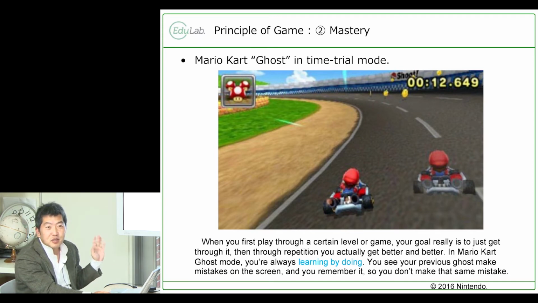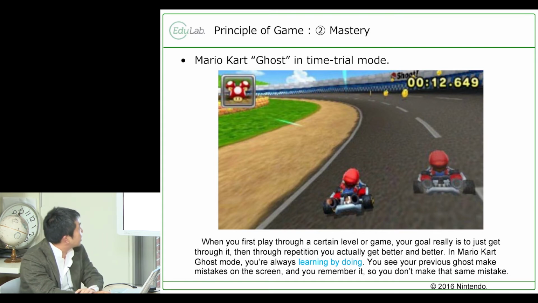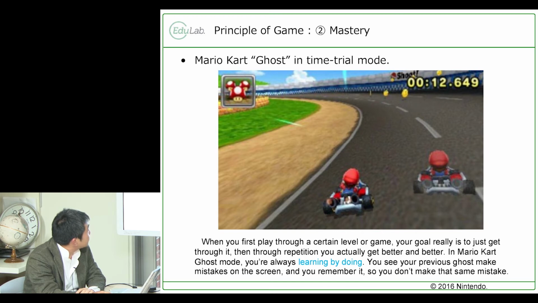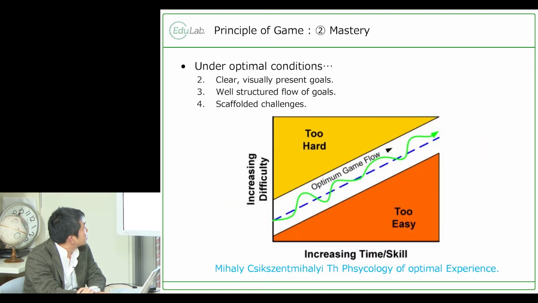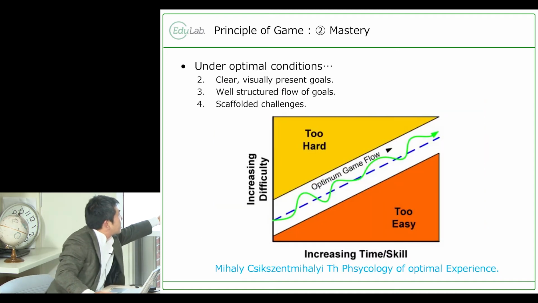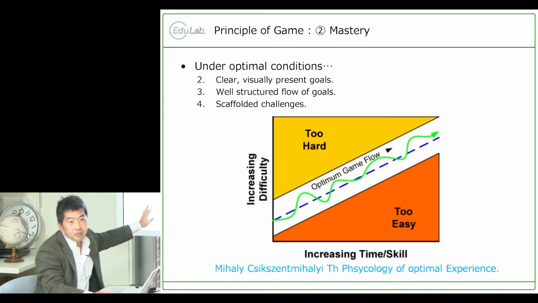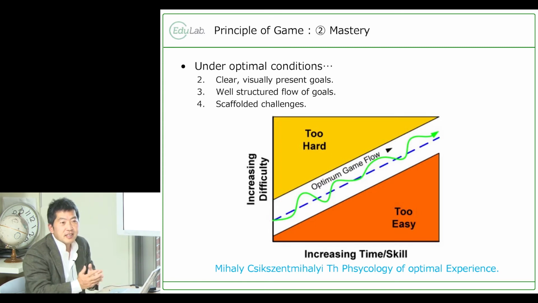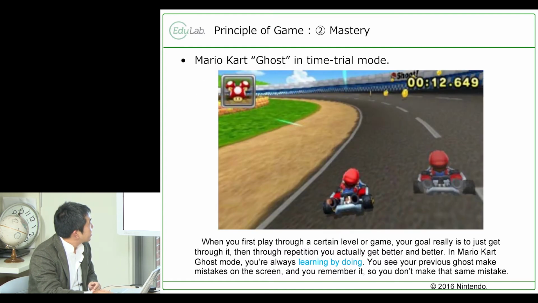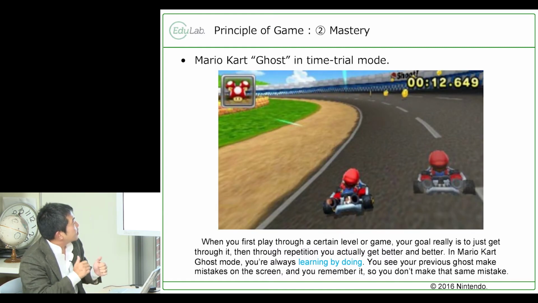I think I mentioned the ghost of Mario Kart. So I added another slide. Mario Kart has a ghost function in a time trial mode. Let's say you are a beginner using this Mario Kart game. Eventually, you get to play with your friends.